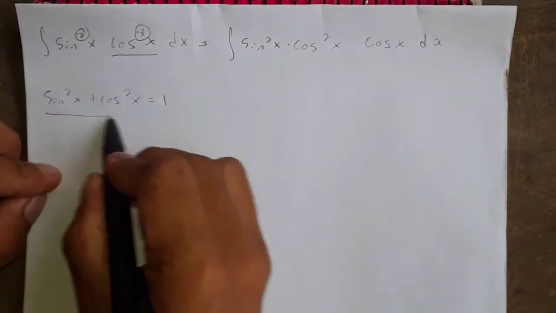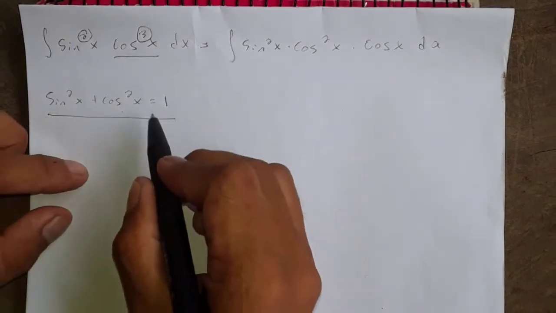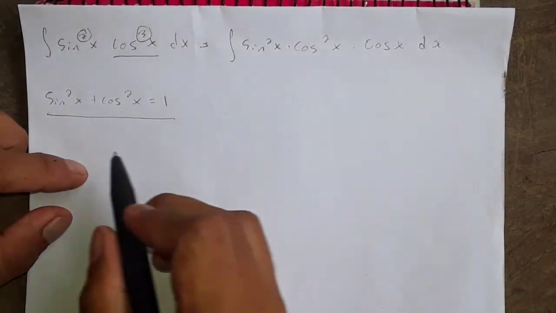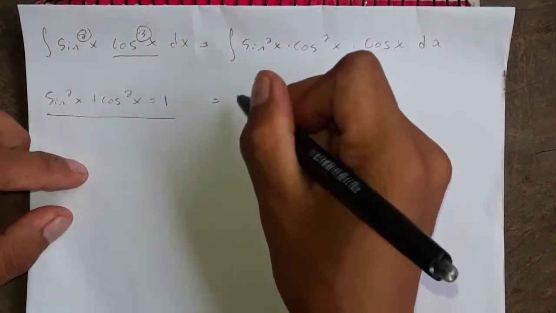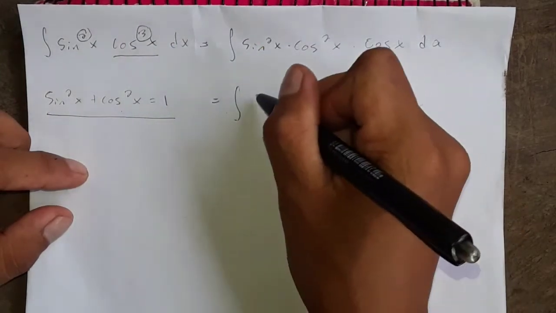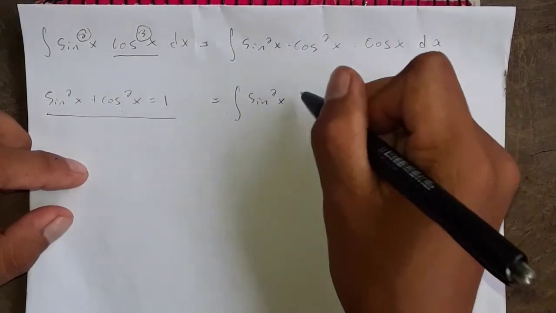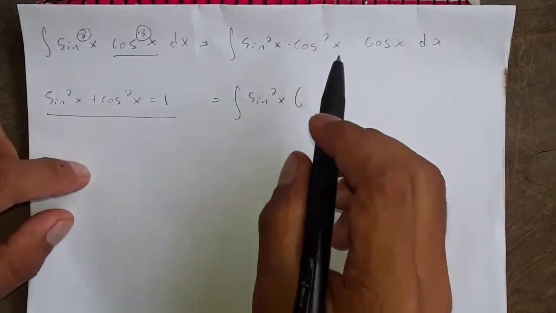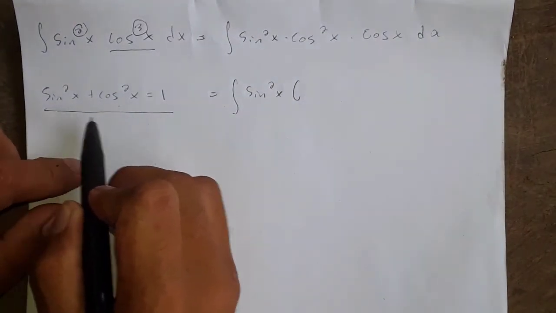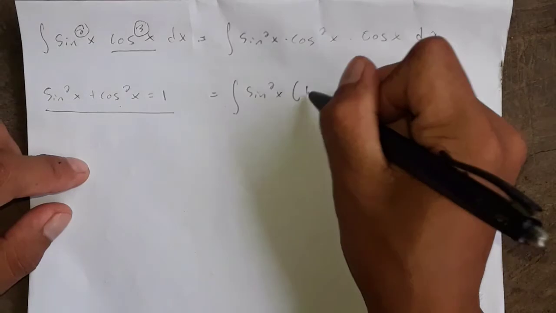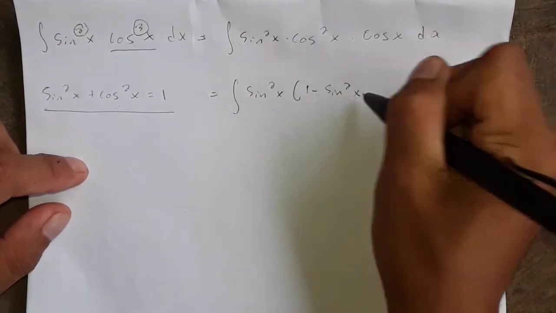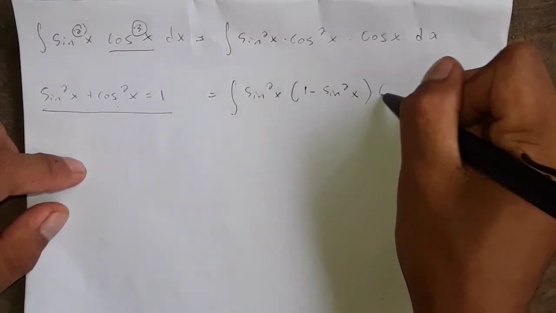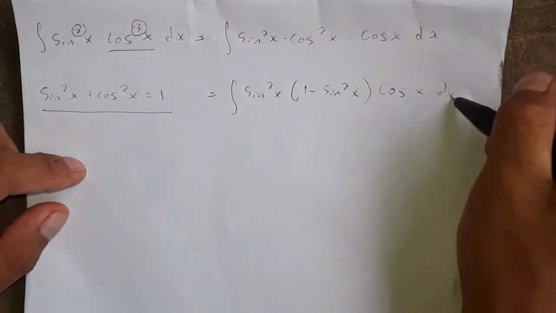From these identities, we're going to substitute the cosine squared of x. So it would be equal to the integral of sine squared of x times our cosine squared of x, which is equal to 1 minus sine squared of x, times cosine of x dx.